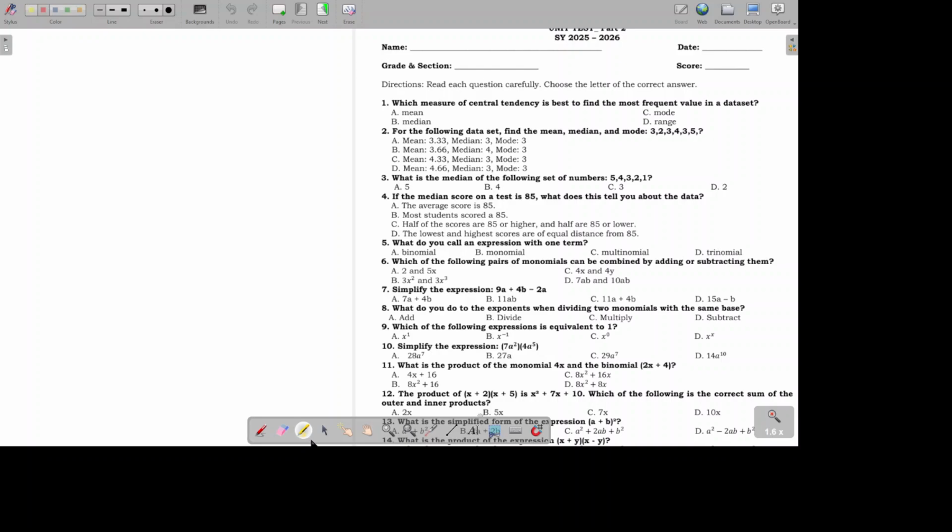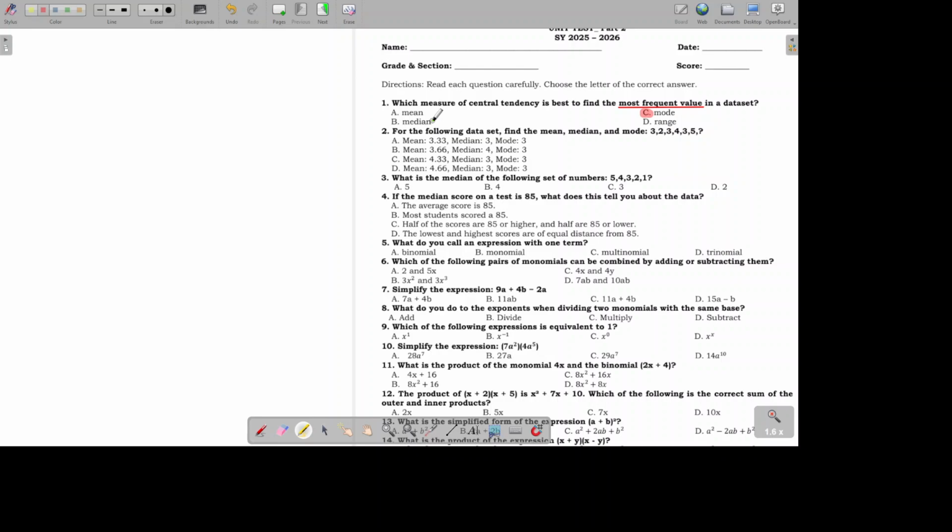Which measure of central tendency is best to find the most frequent value in a data set? So this is your keyword here, the most frequent value. That only means the mode. Okay? Kasi may kanya-kanya silang pagiging average, di ba? Mean is what we normally mean by average.